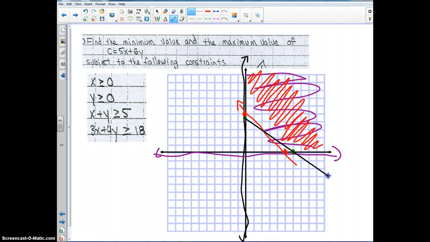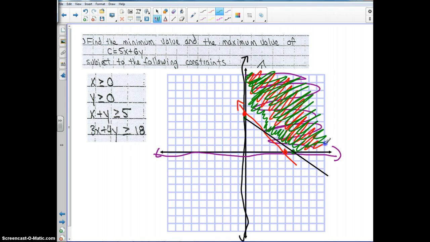So there's my line. Okay? So 0, 0 does not make it true. So what happens is I know that my solutions are around here. So I have an unbounded region.